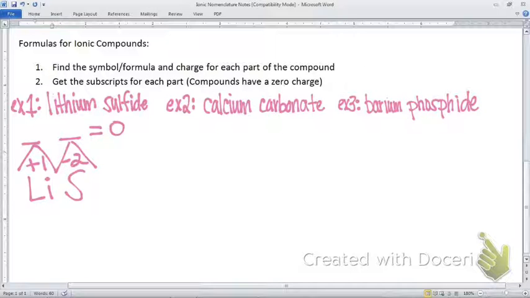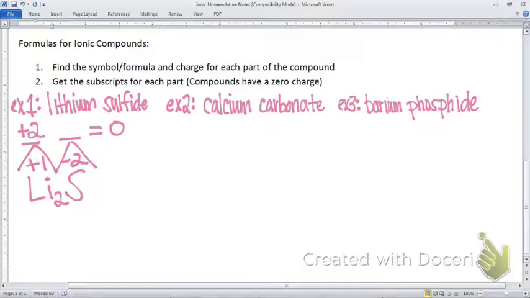The least common multiple between 1 and 2 is actually 2. In order to get a +2 above the house for lithium, we're going to need to increase the number of lithiums. We're going to need 2 lithiums so that when we multiply that subscript 2 by +1, we're going to get a total overall charge of +2.